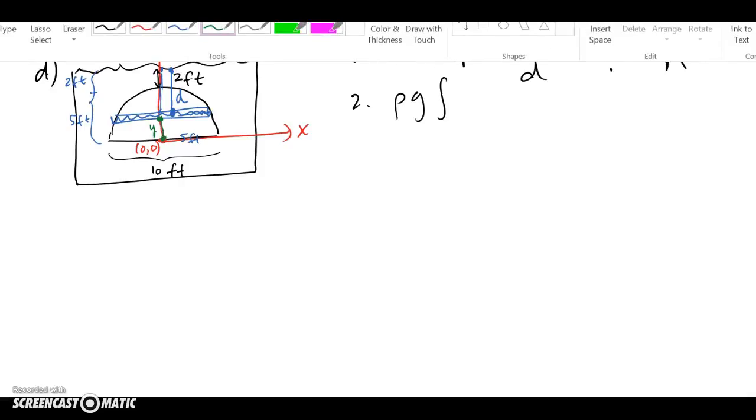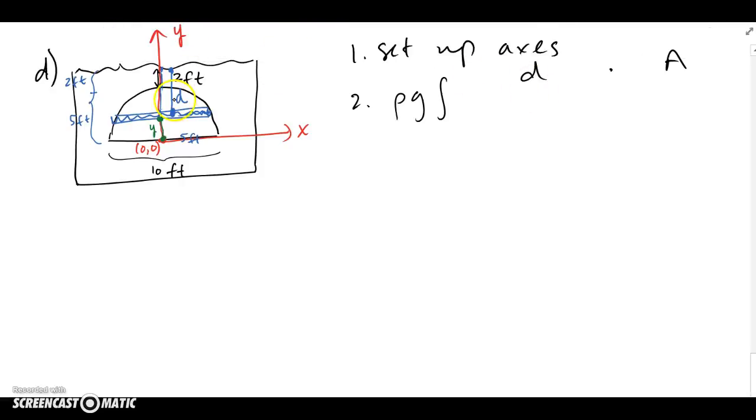So it looks like the distance beneath the water for that segment is 7 minus y, which is different than the ones we've done before because we've chosen to put the axis at the surface of the water. But even if we don't, nothing really changes. I just have to analyze the picture, and that distance d is dangling up in the air, so it's all of 7 minus that y. So we're done with the d.